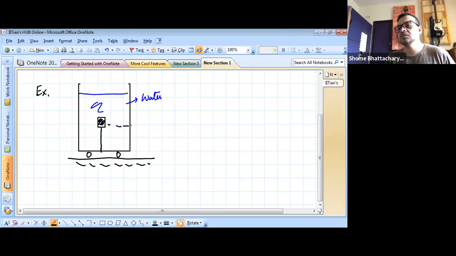So this is a wooden block of mass, let us say, 2 kg.